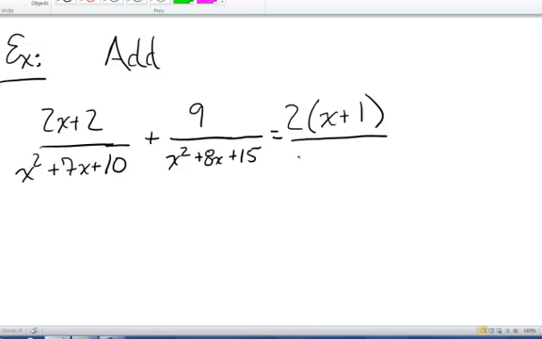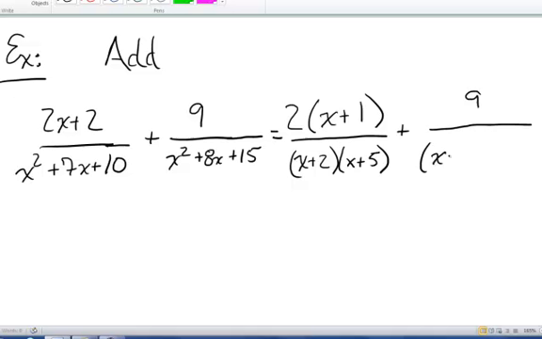Okay. The denominator of the first rational expression factors to be x plus 2 times x plus 5. The denominator of the second rational expression factors to be x plus 3 times x plus 5.